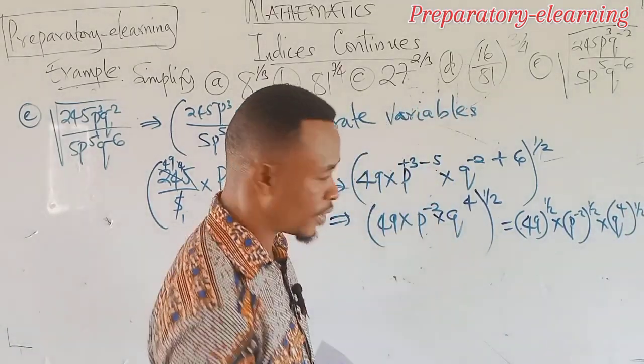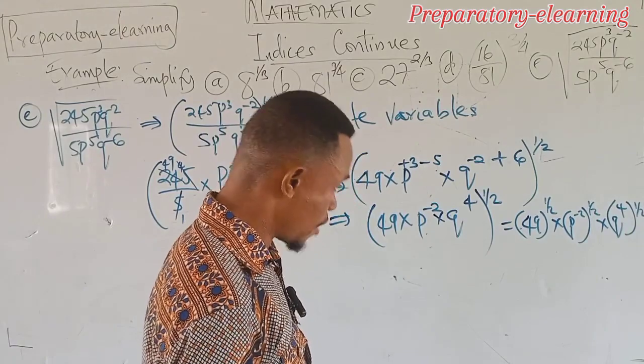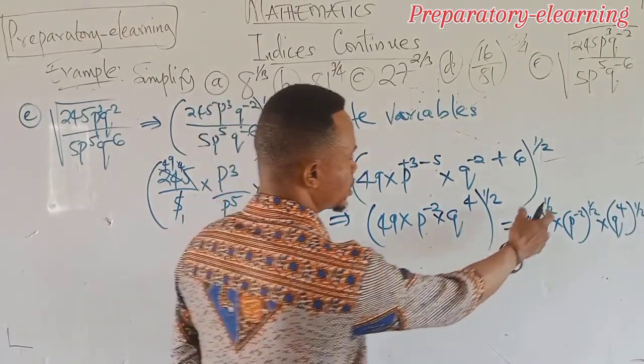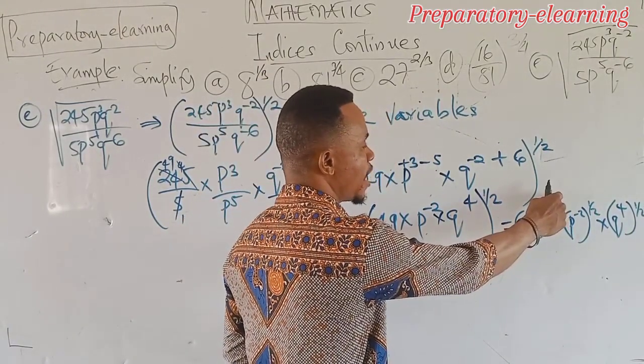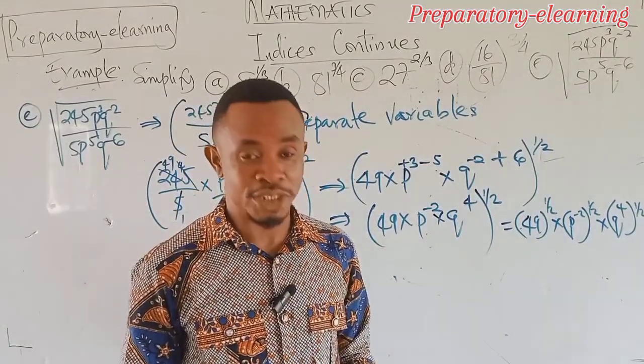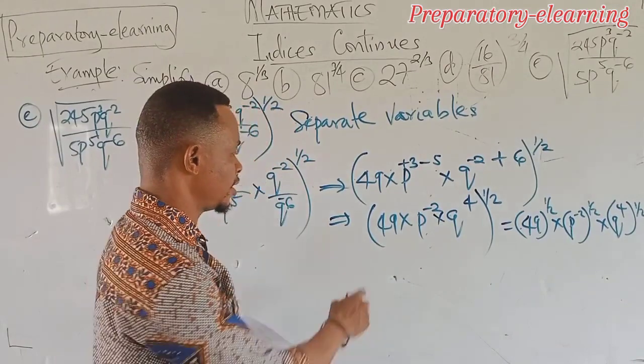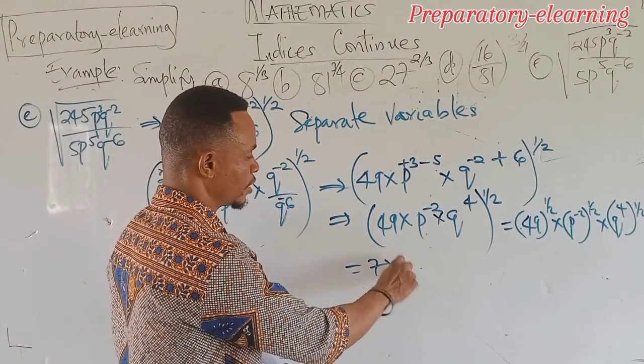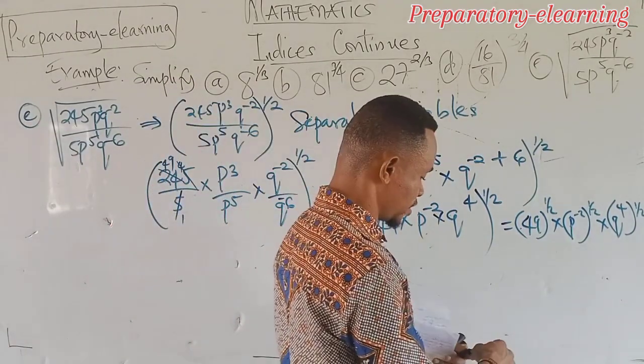So to proceed further, we now have this 49 power half. It's like saying square root of 49. And what is the square root of 49? 7.